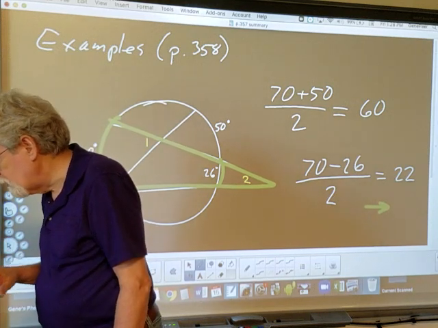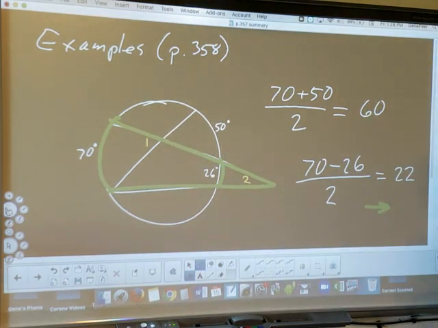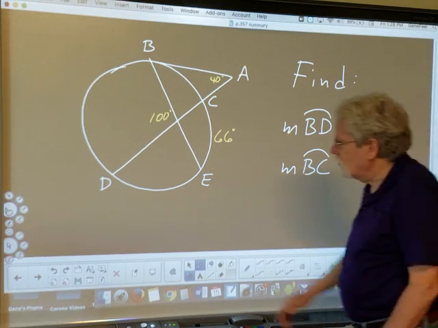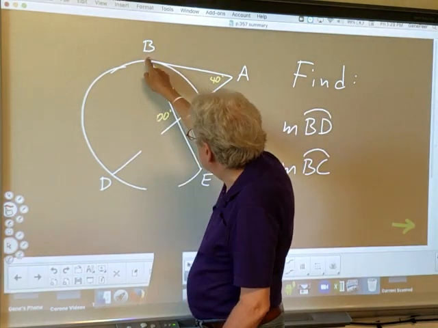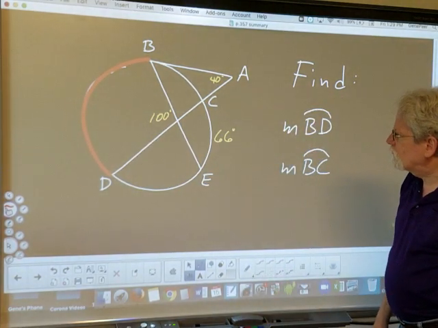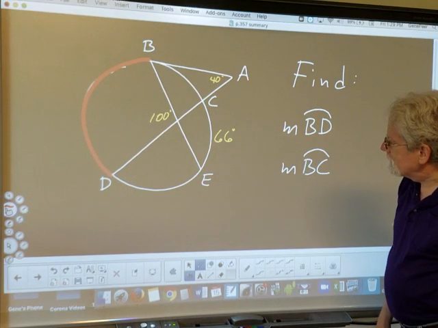Okay, just flipping to my book here. All right, the next example. We're to find arcs BD and BC. Arc BD, where's arc BD? There's arc BD. Now this one is a little bit trickier. Let's look at it like this.